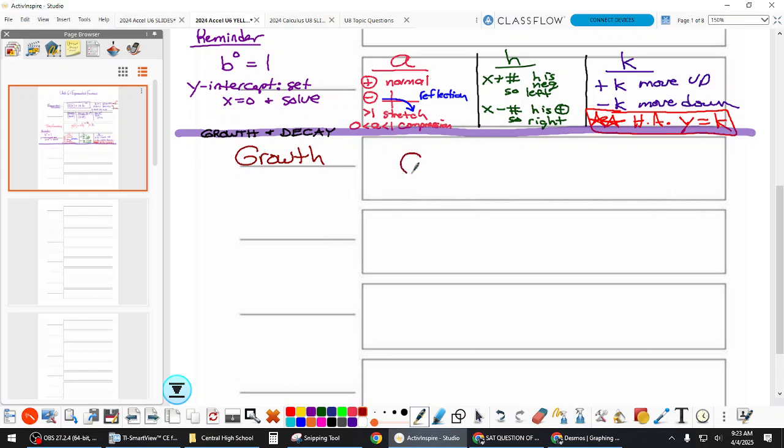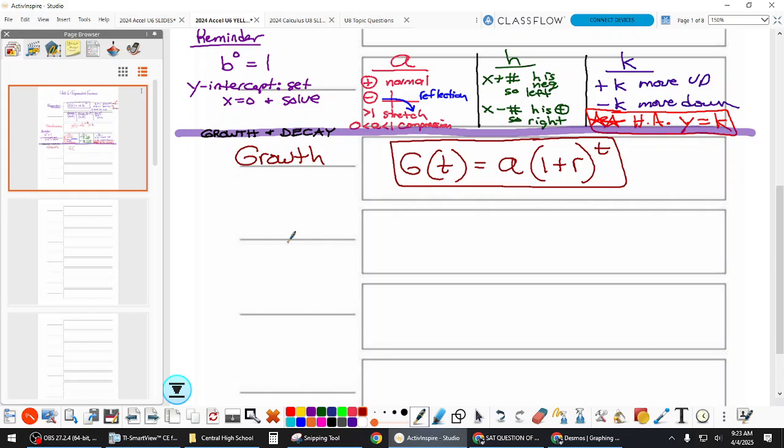So let's do g of t, because a lot of times it's growing over time. Of course we'll need to describe what each of these terms mean. So basically you'll start by writing this and then fill it out with what's given in the problem, and then you can use it to solve.